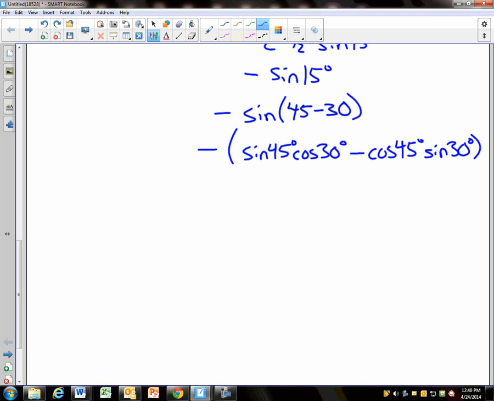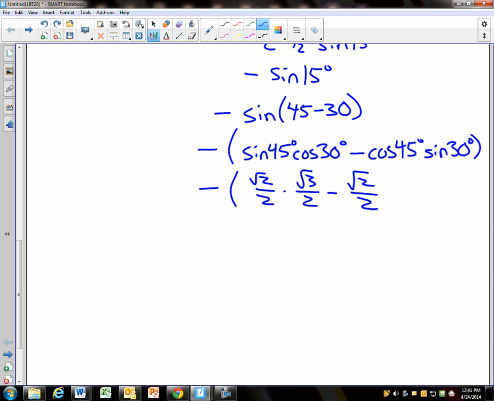Now, there was a time where you were very good at using the sum and difference formulas, I'm guessing, right? That's going to come back to you before the test. Okay? So we're going to be okay. Negative, parentheses. What is sine of 45? Root of 2 over 2, cosine of 30. Root of 3 over 2, minus cosine of 45.